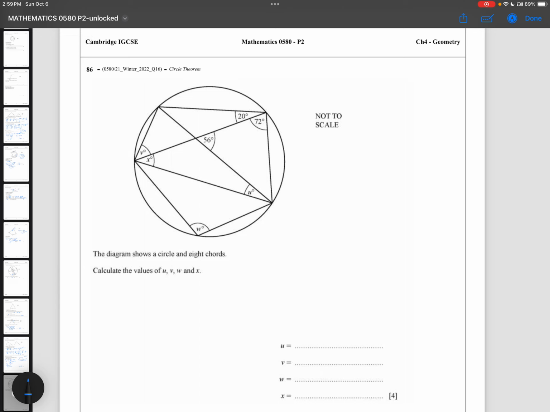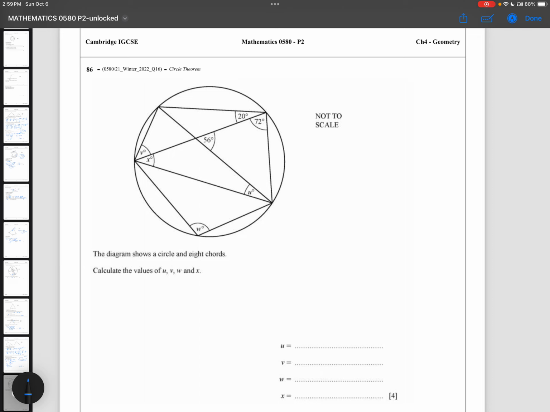Now question number 86. The diagram shows a circle and 8 chords. We need to calculate the value of u, v, w, and x. So first, let's calculate u.